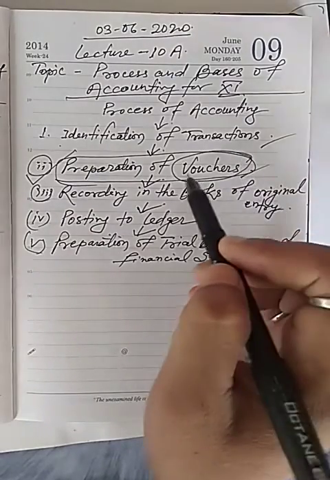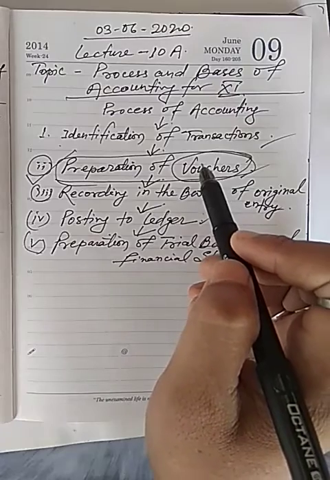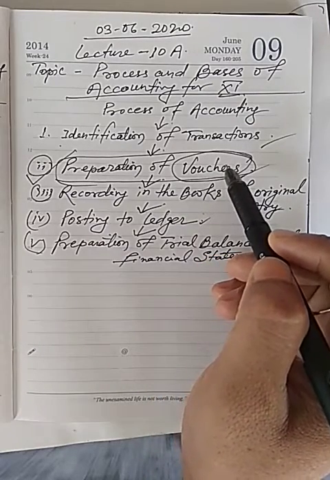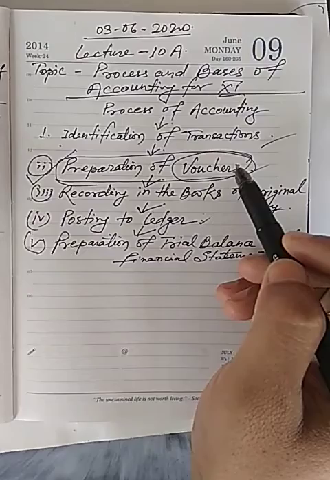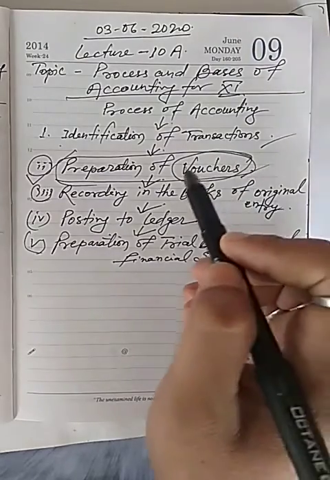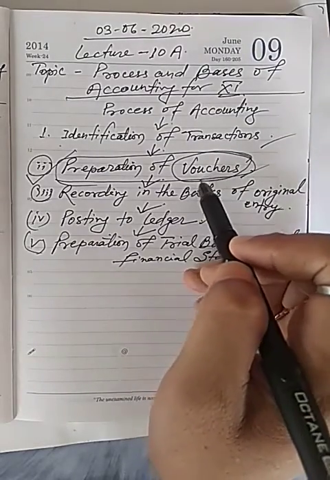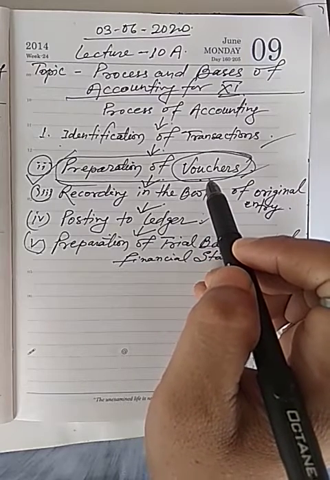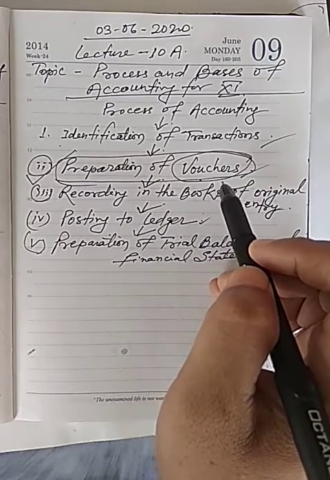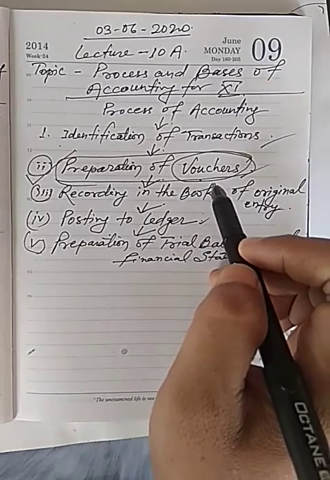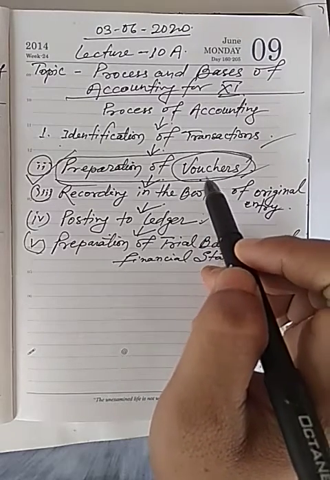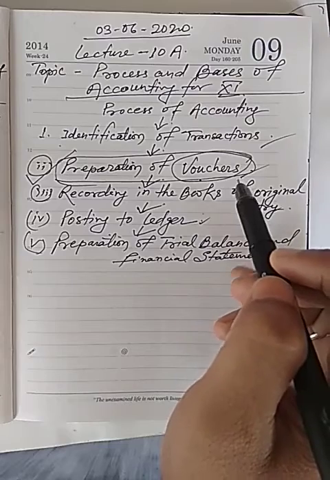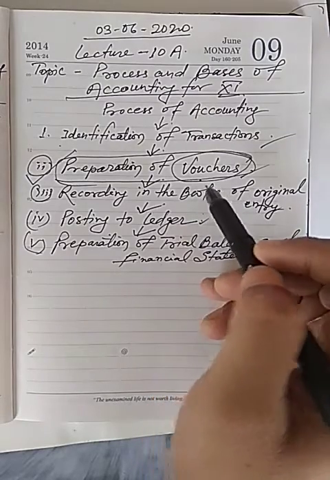A separate voucher is prepared for each transaction and it specifies the account to be debited and credited. Source document is generally attached to the voucher.